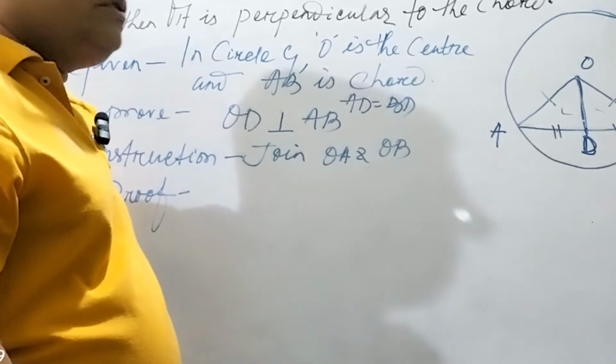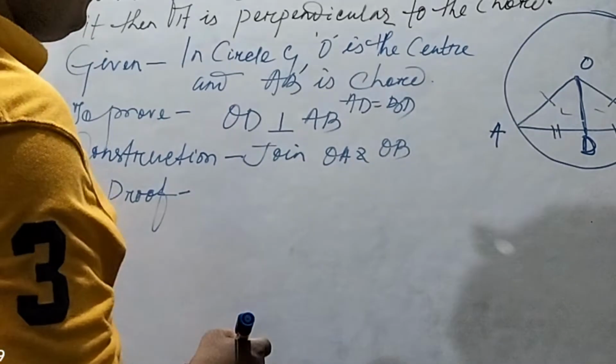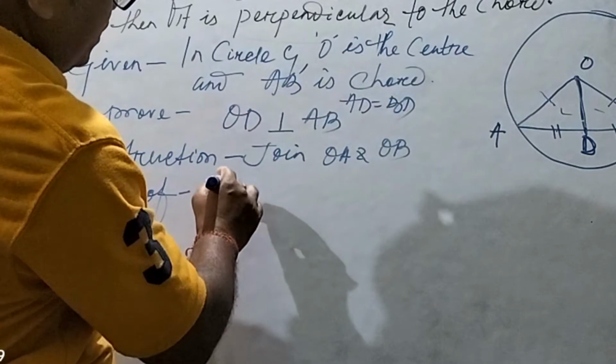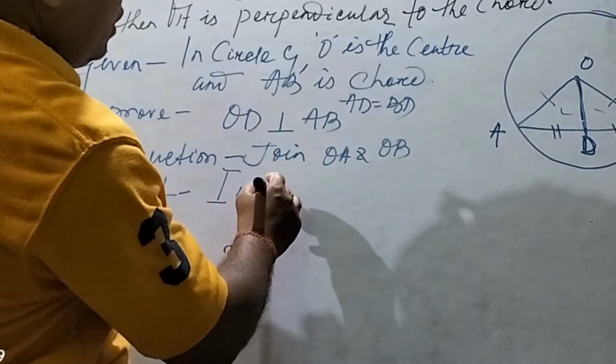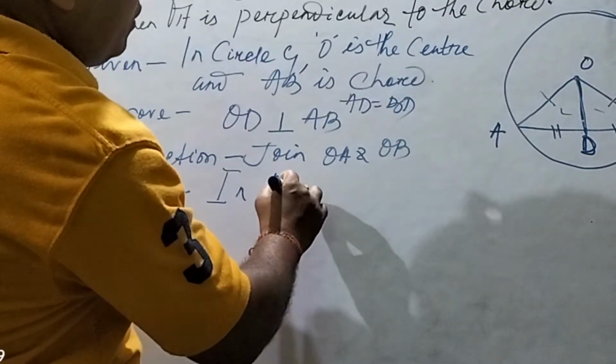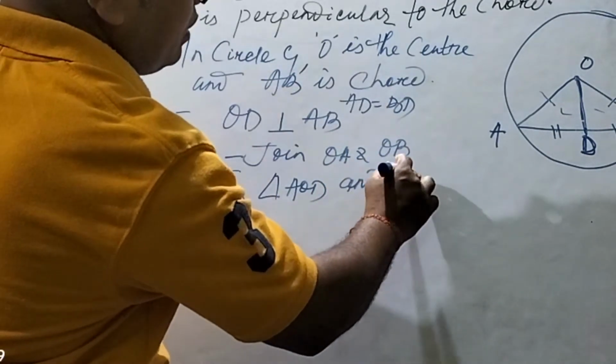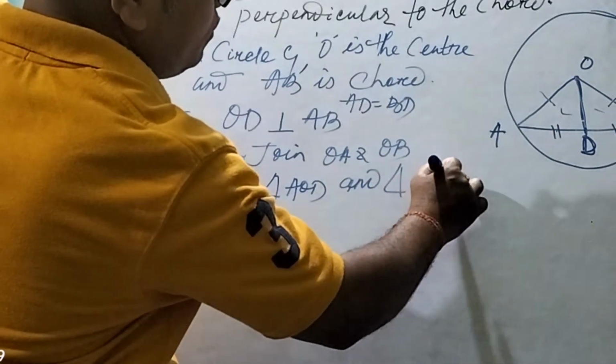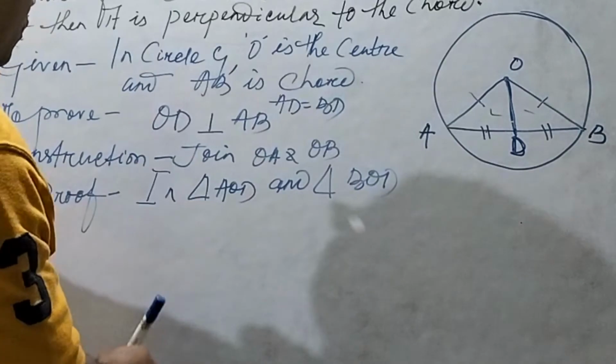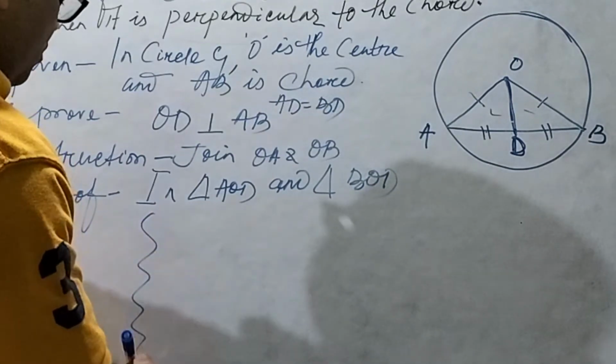Is it not? So let us write, in triangle AOD and triangle BOD, what are the common parts and equal parts?